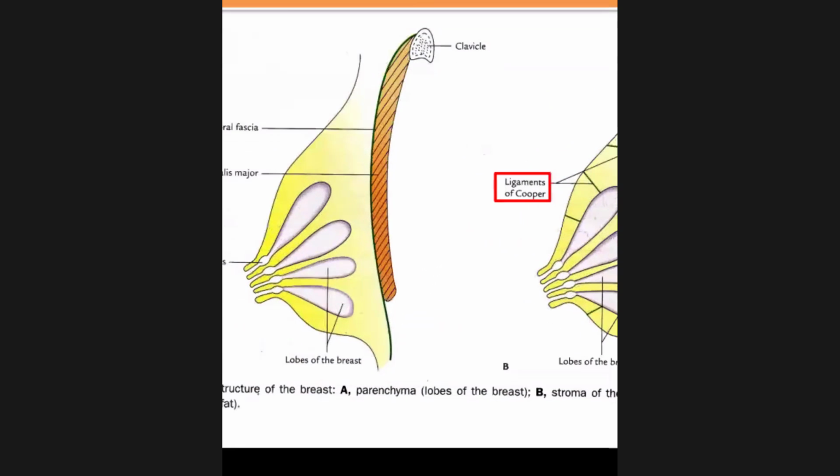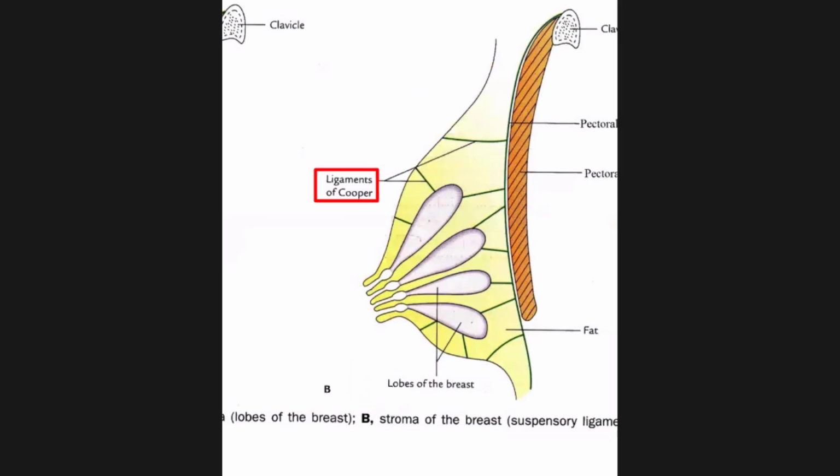In this picture we can see the connective tissue is condensed here, which is called the ligament of Cooper. The ligament of Cooper connects the mammary gland to the skin as well as the deep fascia. And you know the deep fascia is made up of the same collagen fibers.